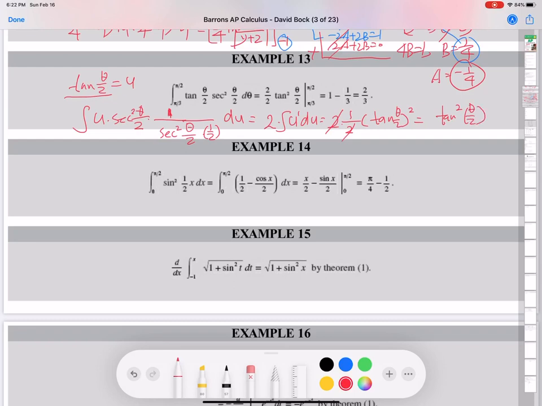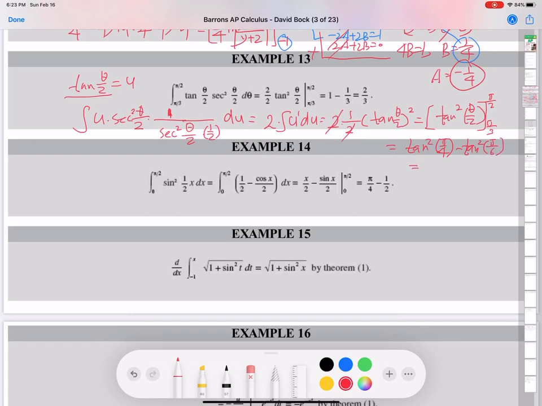That's the indefinite integration. Now plug in the top number pi over 2 and then subtract, plug in the bottom number pi over 3. If you plug in pi over 4, the tangent squared of pi over 2 over 2, then pi over 4, minus tangent squared of theta over 2, then theta pi over 3 over 2, then pi over 6.